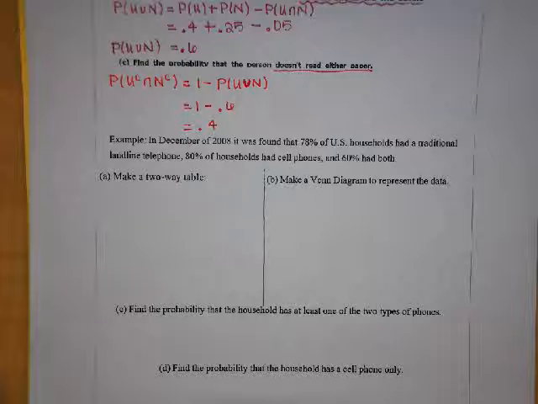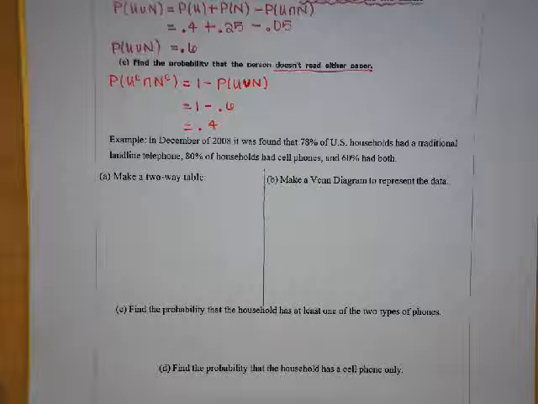Anybody still have a landline? No? Okay. 80% had cell phones, 60% had both. So we're going to make a two-way table. We're going to make a Venn diagram. Then we're going to find the probability that they have at least one of the two types of phones, and then find the probability that they have a cell phone only.